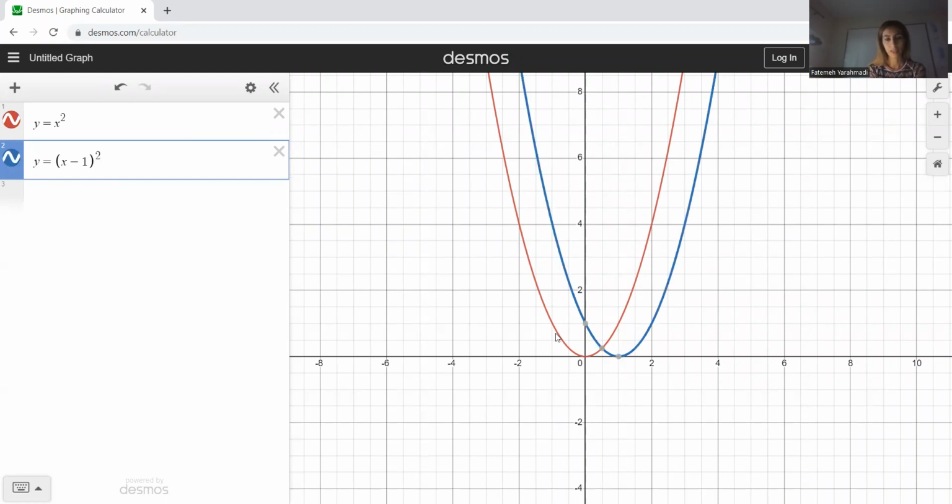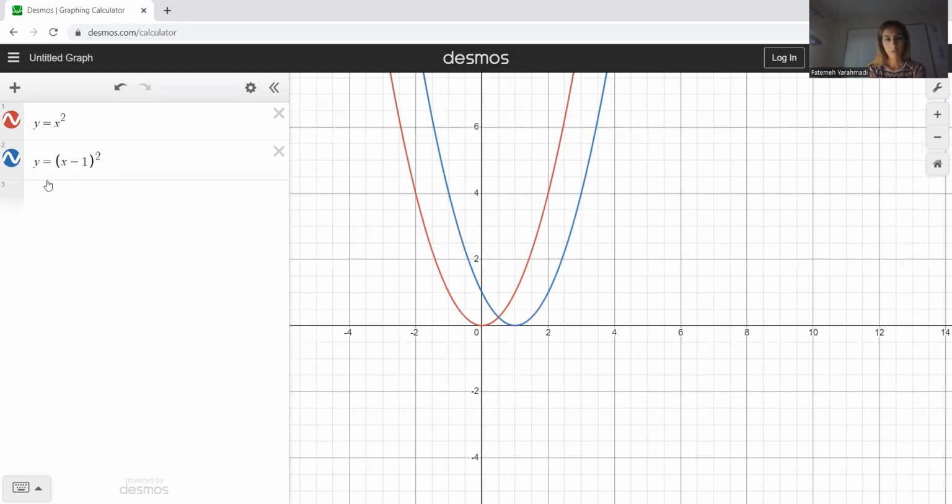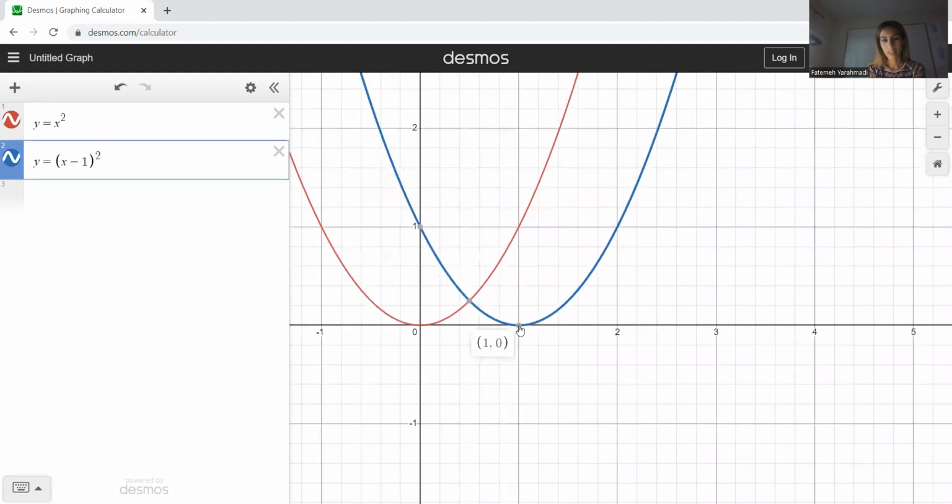Take a look at this. Subtracting 1 from x shifted the graph 1 unit to the right-hand side.